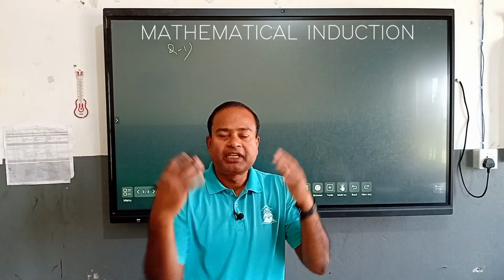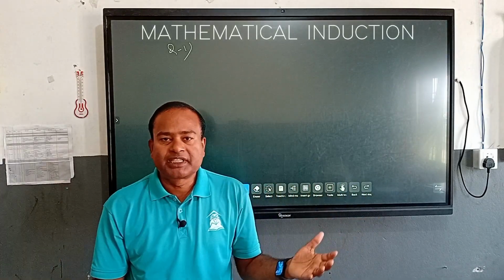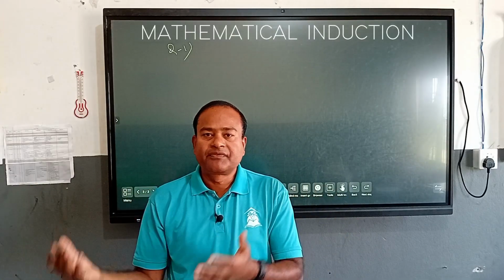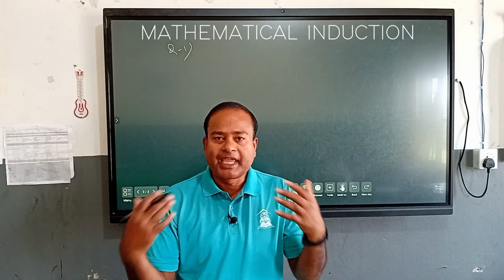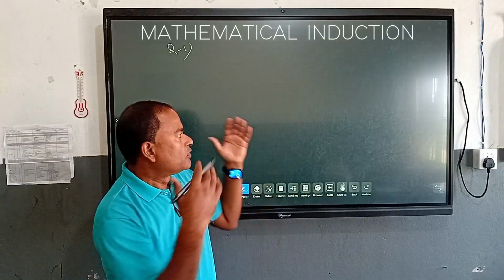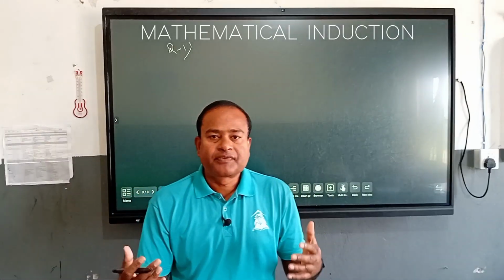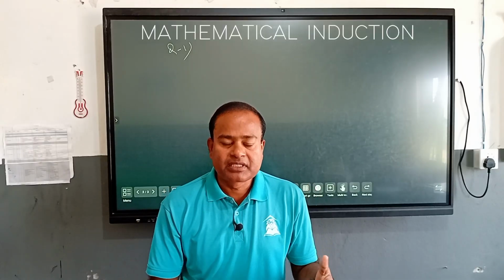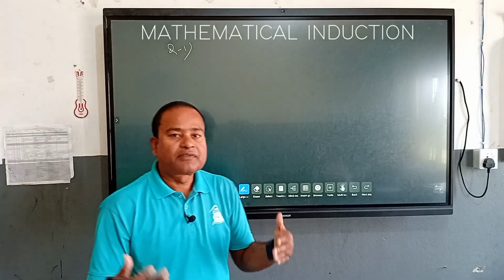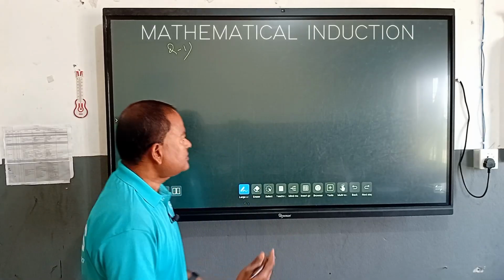We don't use any other formulas which are already established, like theorems, definitions, formulas, axioms. We prove it by making observations or experiments. So let's prove the first formula of sequence and series.